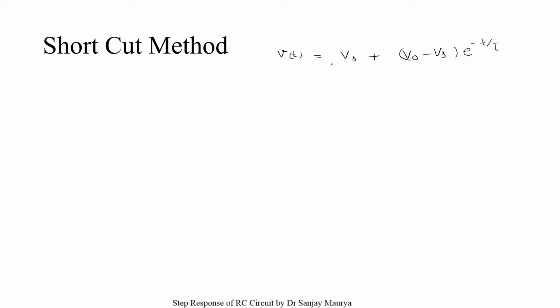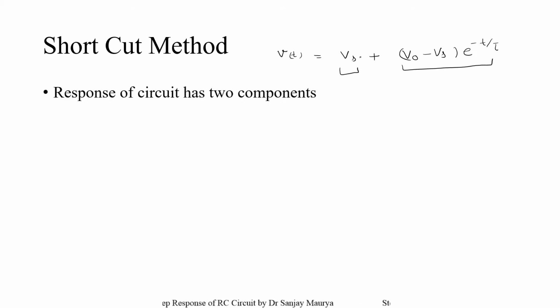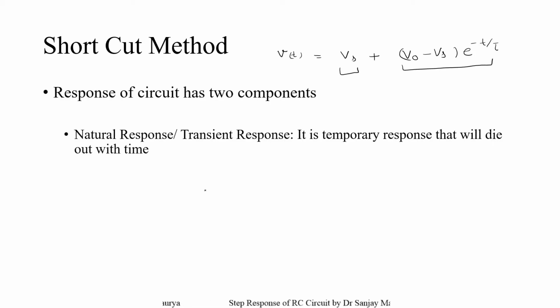If we look at the response, it has two components. One is the natural response or transient response, which will die out with time.